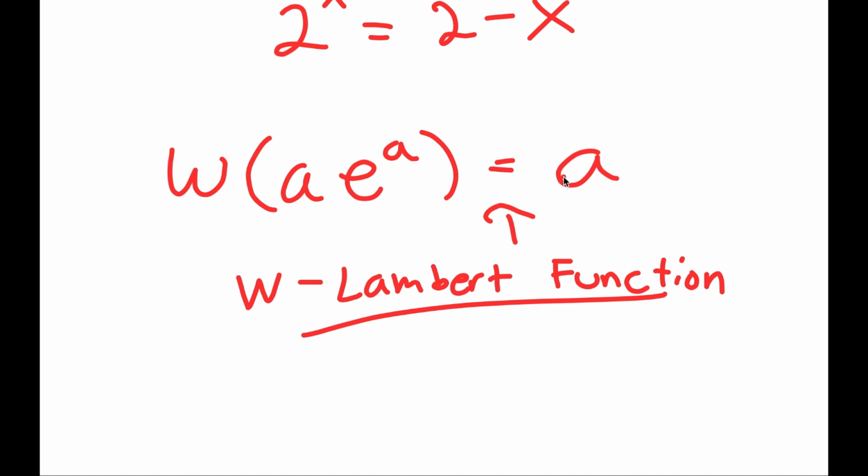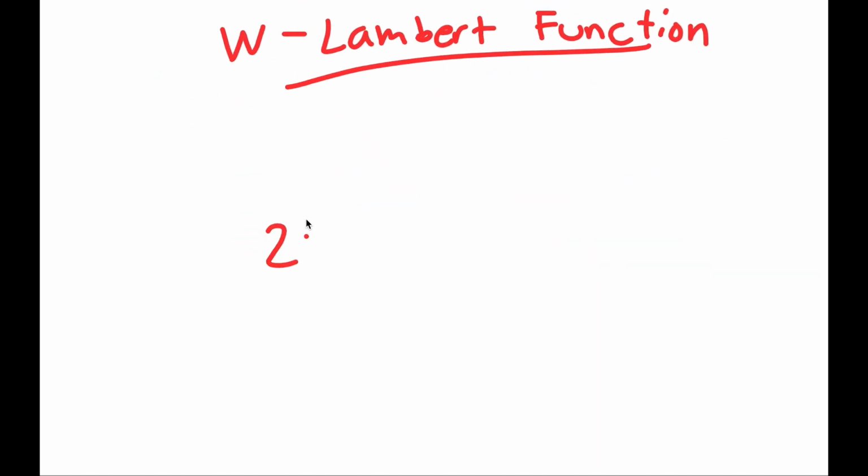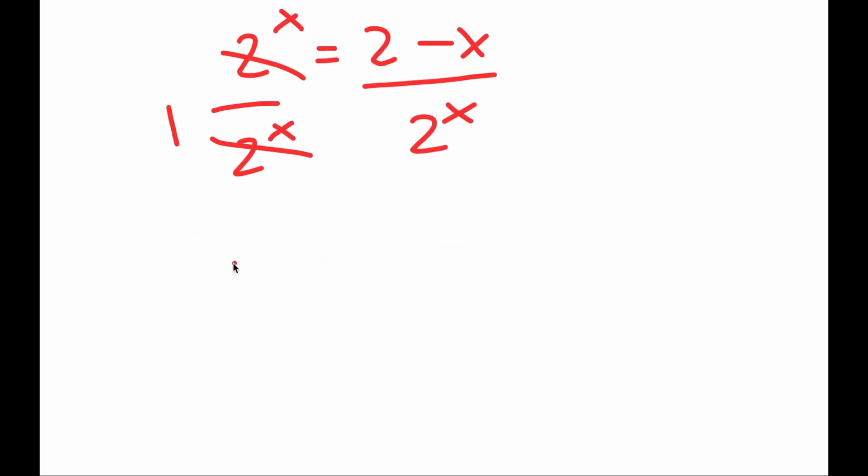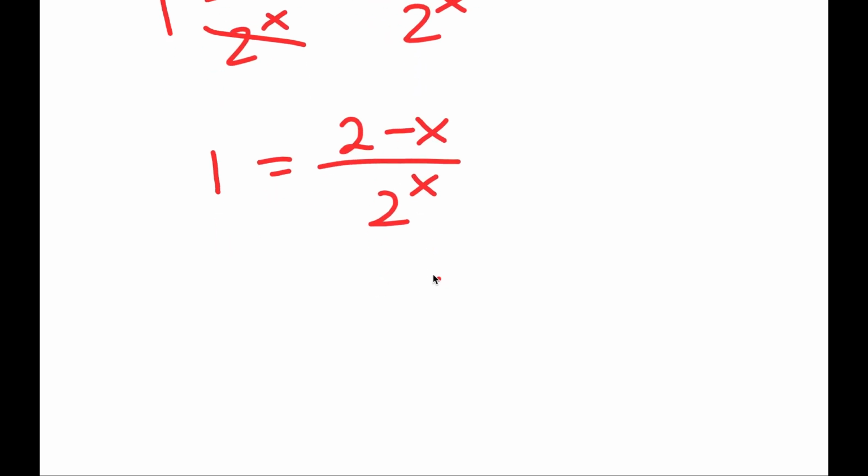So before we do that, I'm going to rewrite this a little bit. I have 2 to the power of x is equal to 2 minus x, and I'm going to divide both sides by 2 to the power of x. So these two cancel out, and I get 1 is equal to 2 minus x over 2 to the power of x.